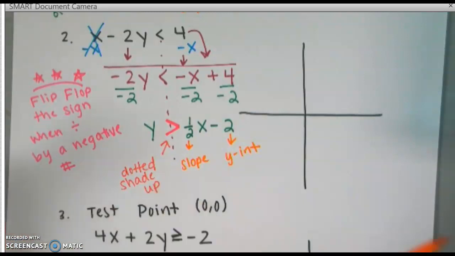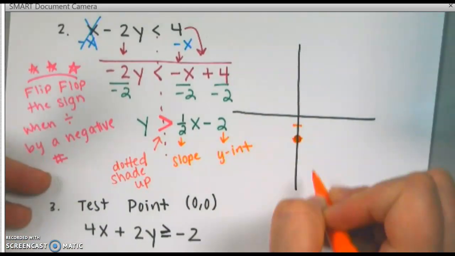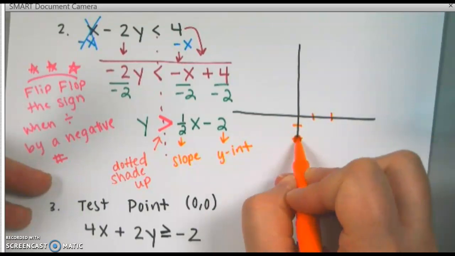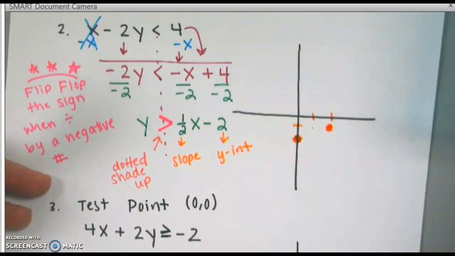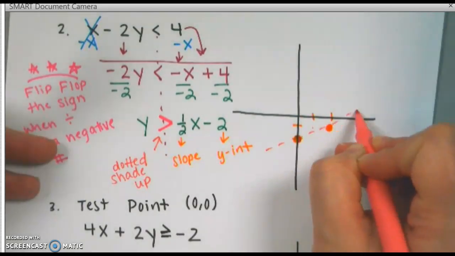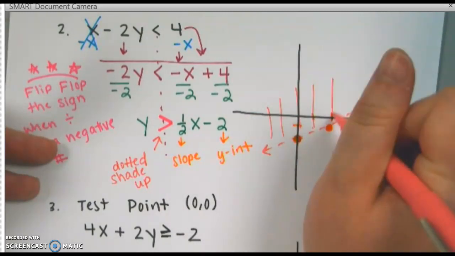So my graph has a negative 2 y-intercept. My slope is positive, so I'm going up 1 over 2. There's my slope, up 1 over 2. It's a dotted line. Shade up.